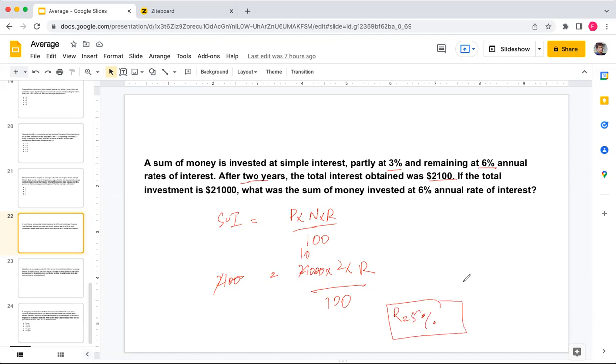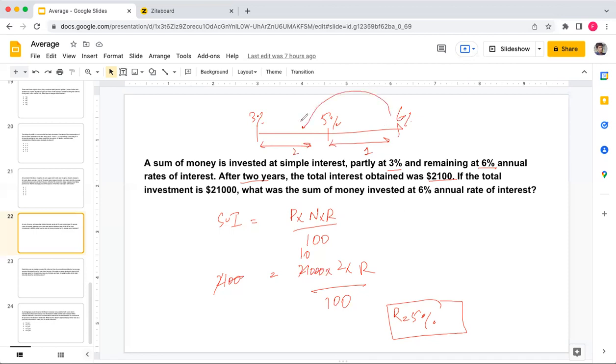Now we know the actual rate of interest, that is 5%, which will be in between, and we know the rates which we are putting over here. This is 3% and this is 6%. So if you see, this will be 2 and this will be 1, right? And the question is saying, what was the sum of money invested at 6% annual rate of interest?